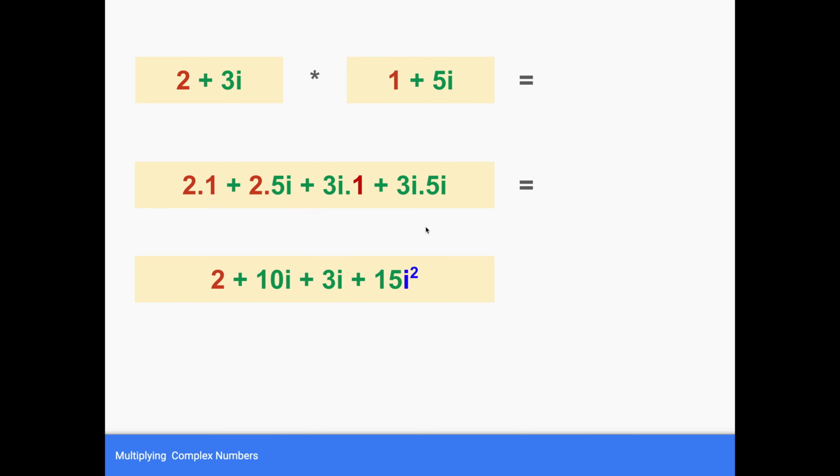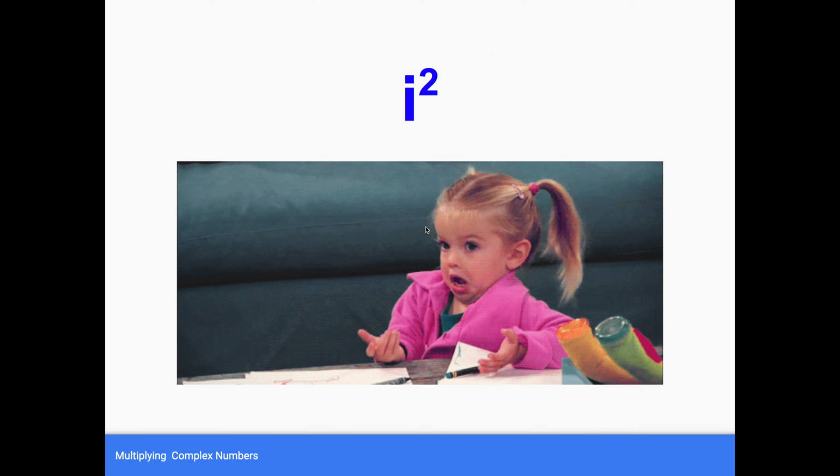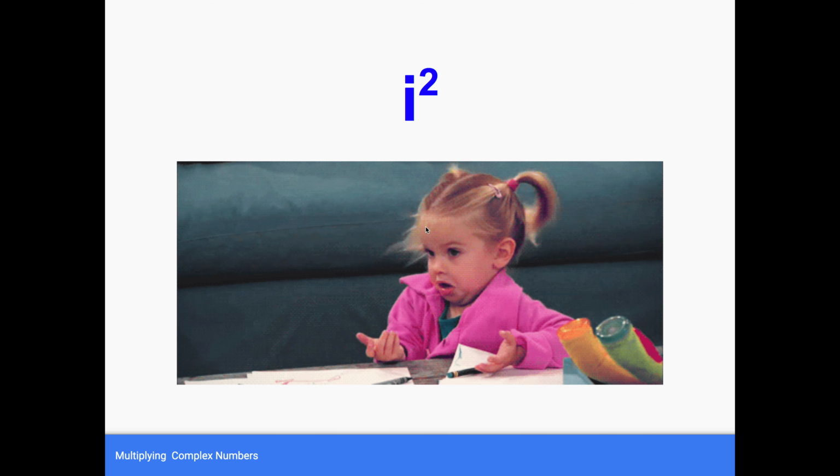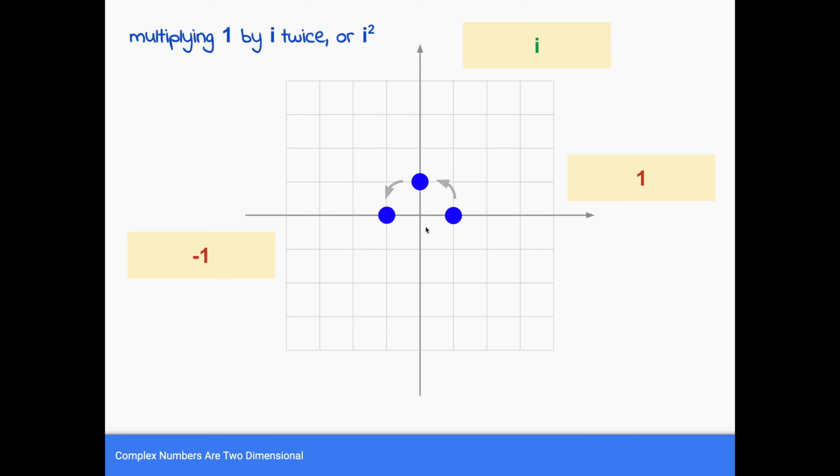What is i squared? That's the question. I could have told you what the answer is, but I just wanted to give you a little bit of intuition as to why it's the case.